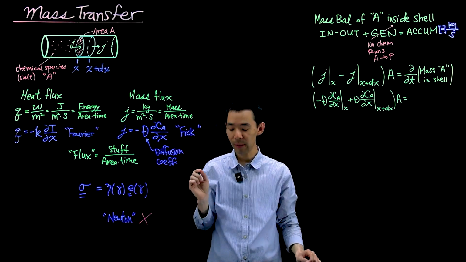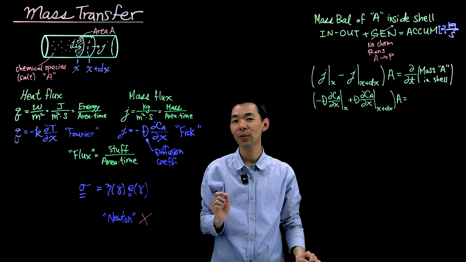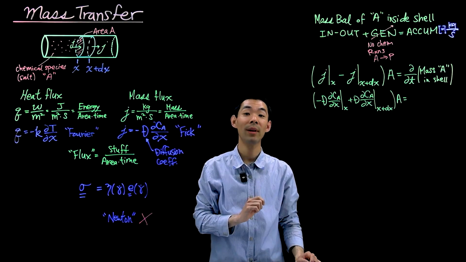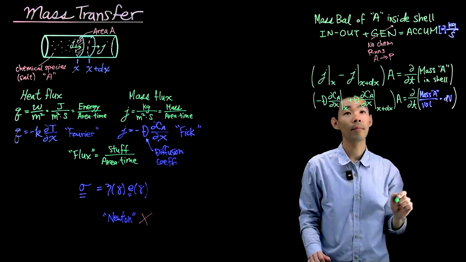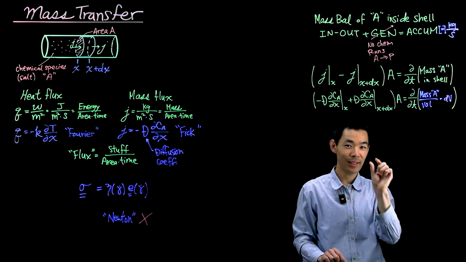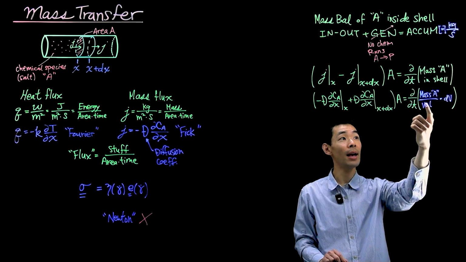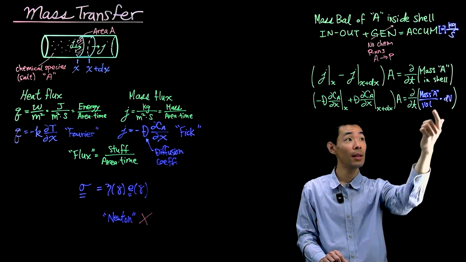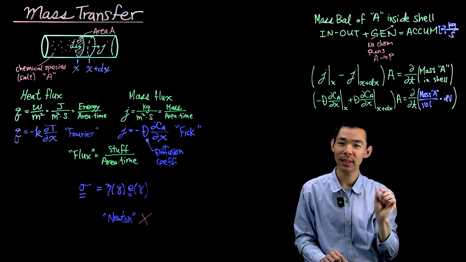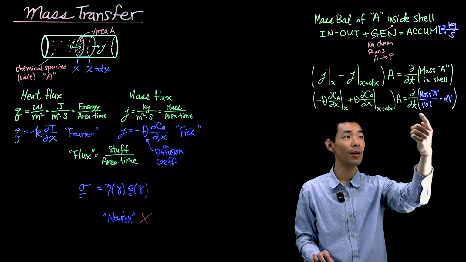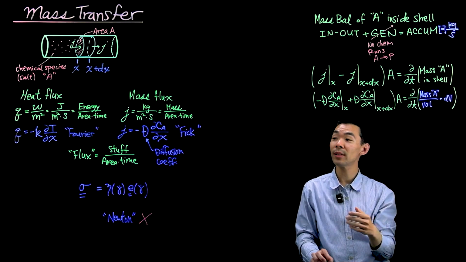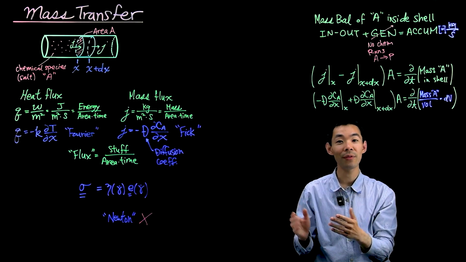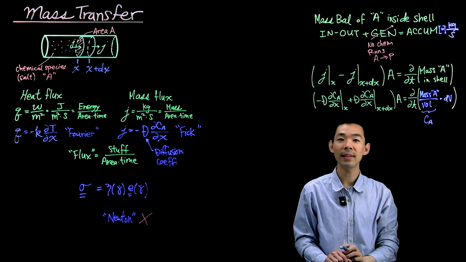Now, the right-hand side, the mass of A inside the shell. That can very easily be determined using the concentration relation and the volume inside the shell. So the mass inside that small little shell can be rewritten as the mass of A inside that volume, dV, divided by the volume element dV. Well, this here, mass of A divided by the volume, is the definition of our concentration of species A, C_A.